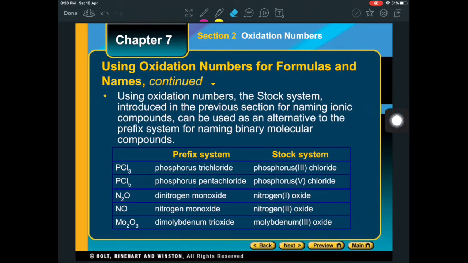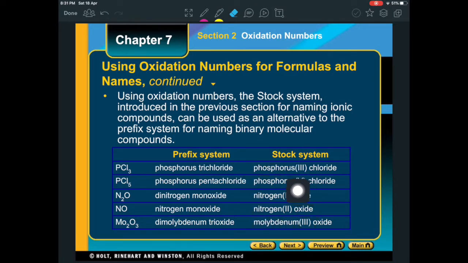So in order to actually find this, we have to go and look for the oxidation number before we can assign a name. You guys remember the stock system we have used before when we talked about the transition metals, like for example, iron can have a charge of +2 or +3, and the reason we assign a Roman numeral to it is so that people who look at this compound can know what the charge on iron is.